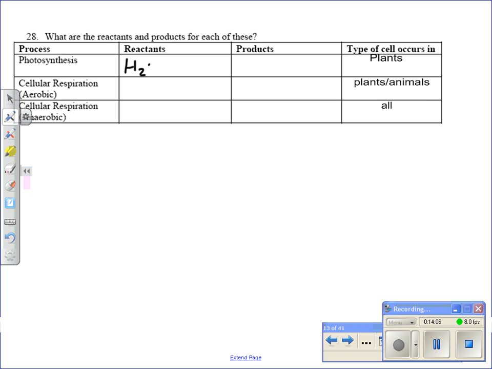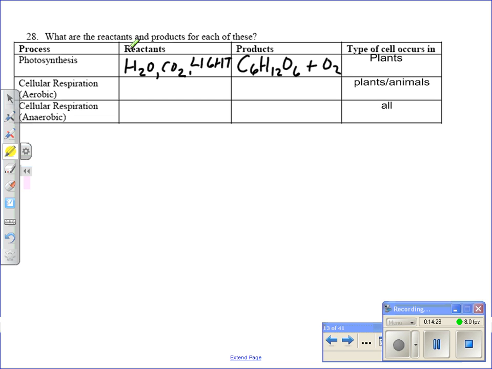You need water, carbon dioxide, and light from the sun. Those are the 3 key things you need for photosynthesis. The products are glucose, C6H12O6, and O2.